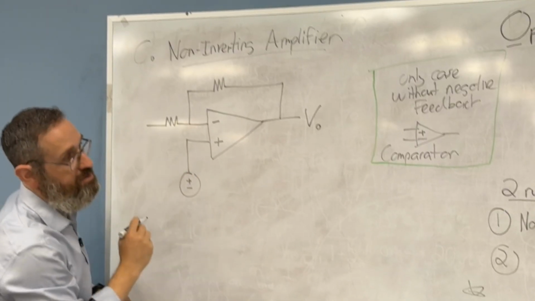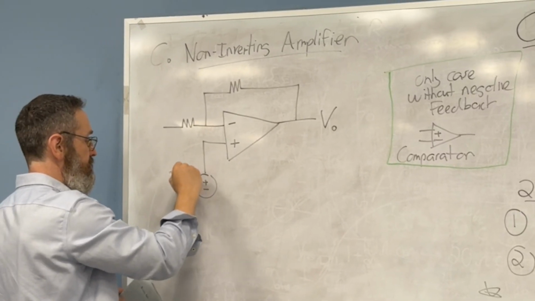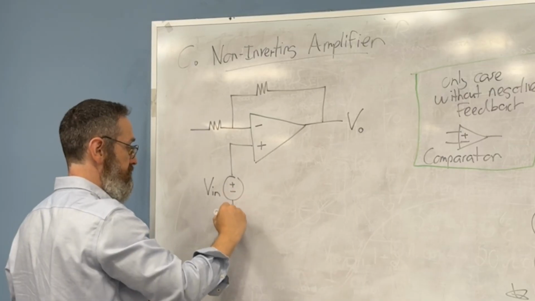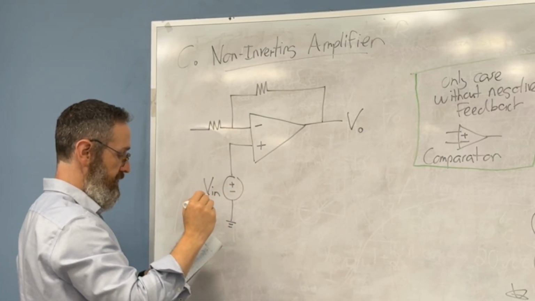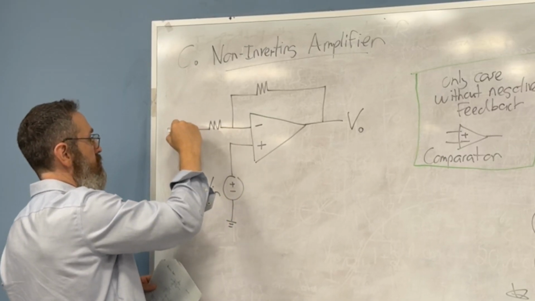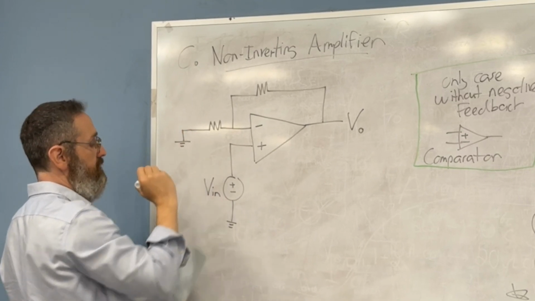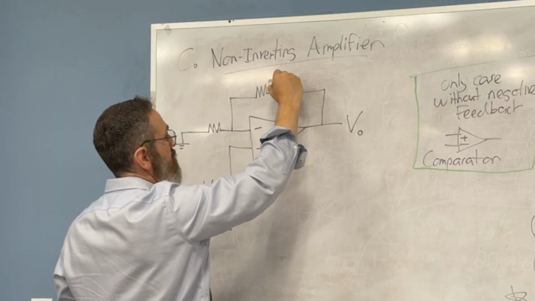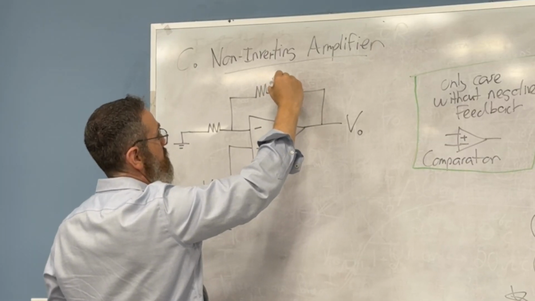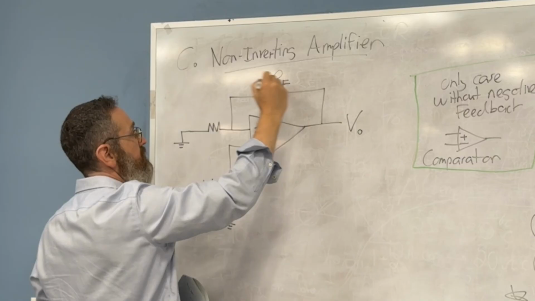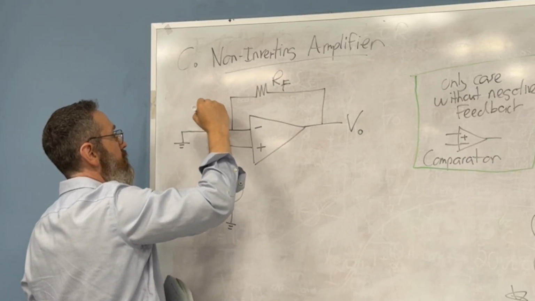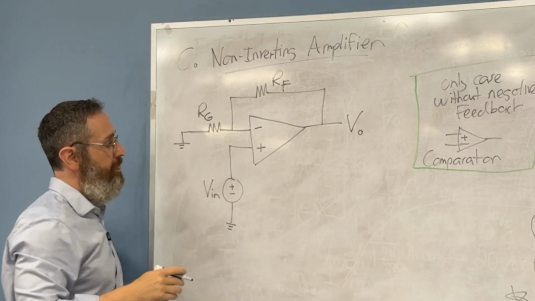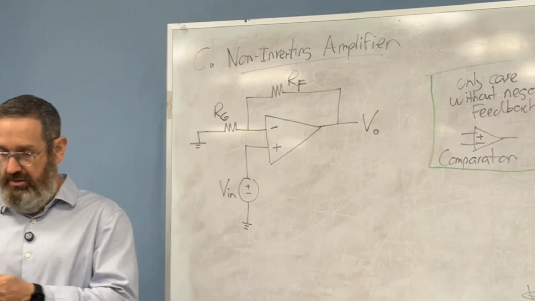Let's call this V in. And we're going to ground this. Let's call this R F, and R G.